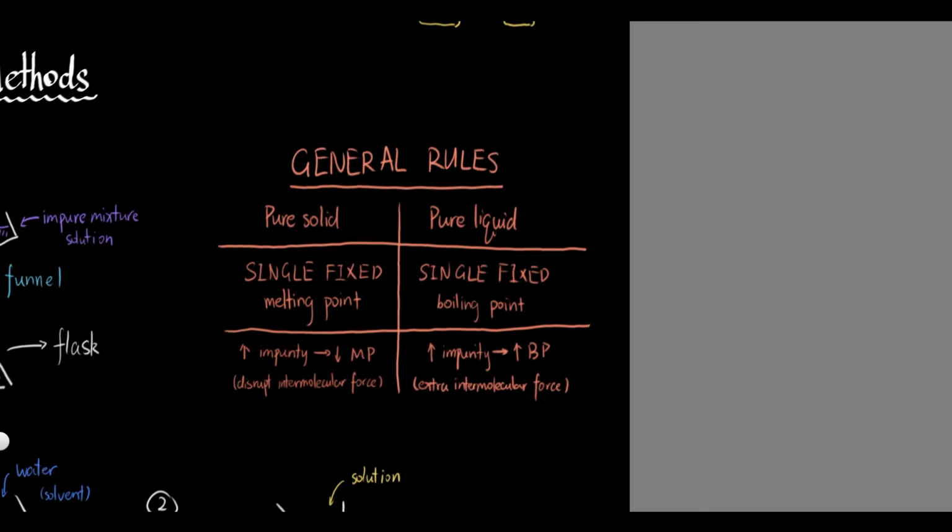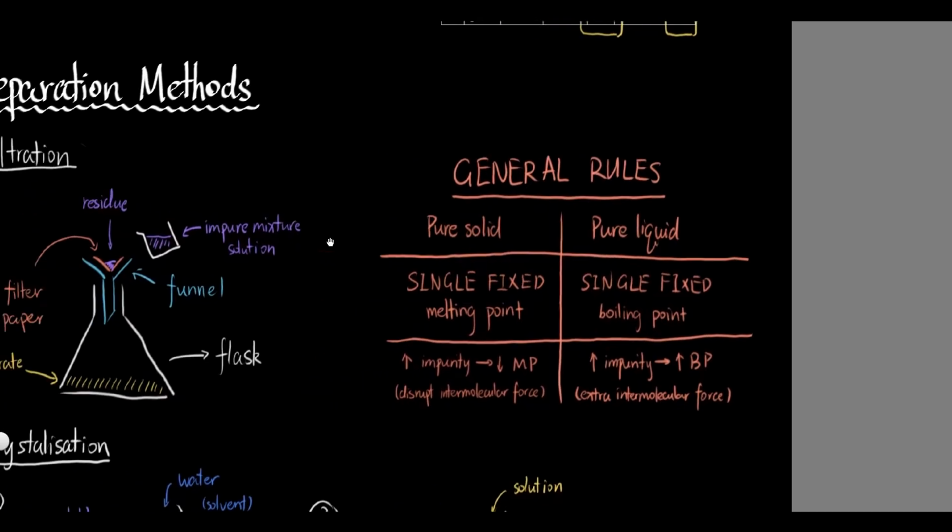In a liquid there was originally some intermolecular force between the molecules of a certain type of liquid, and when you add something else to it, it needs more force to break apart the molecules inside the mixture. So that's why the boiling point would increase, because it needs more energy or more force to break apart. So that's our general rules.